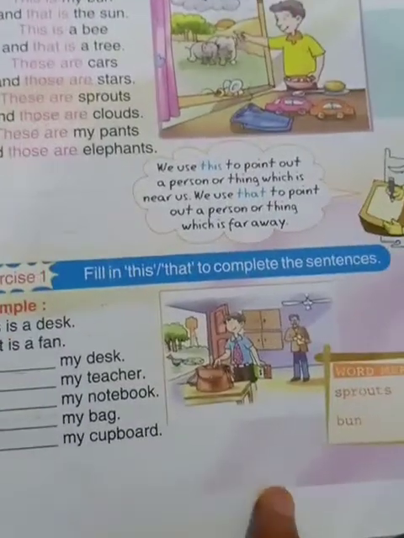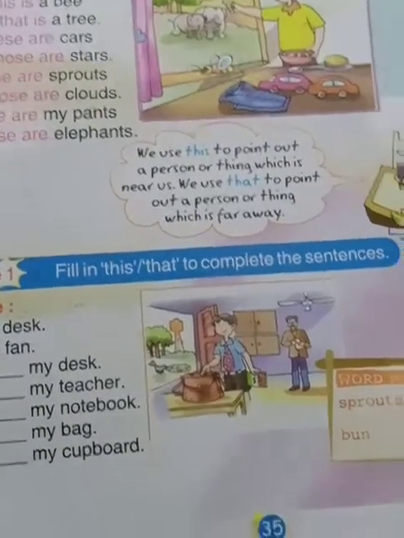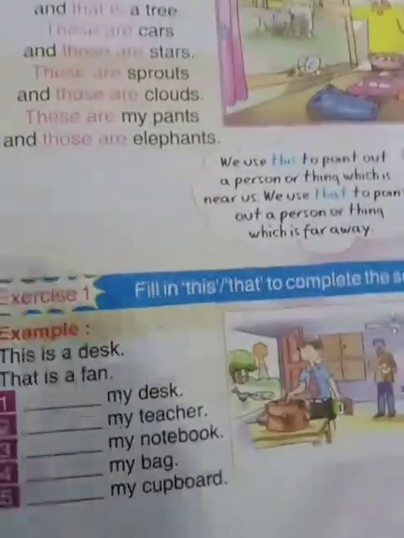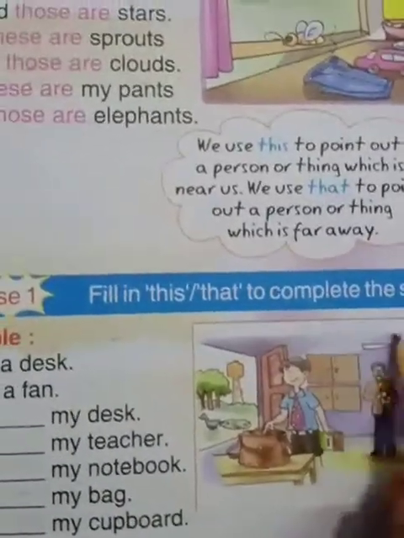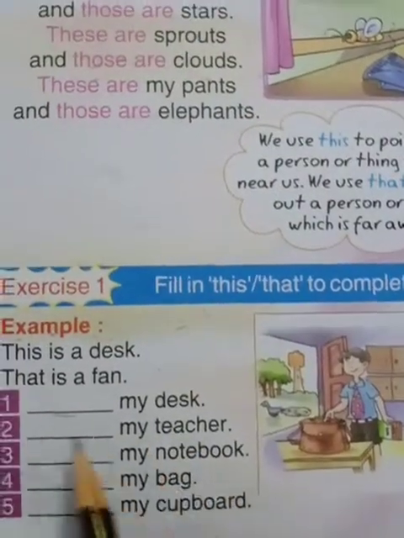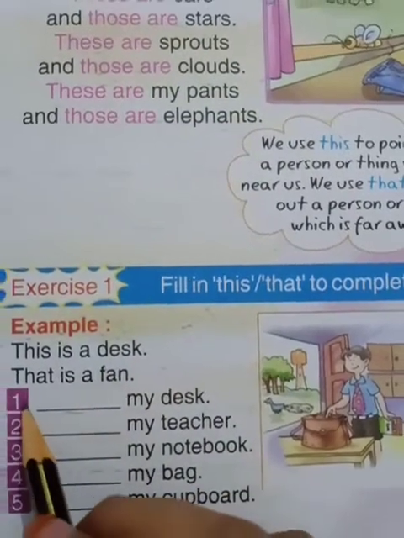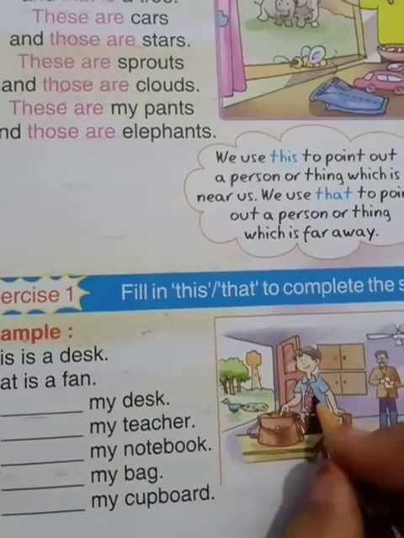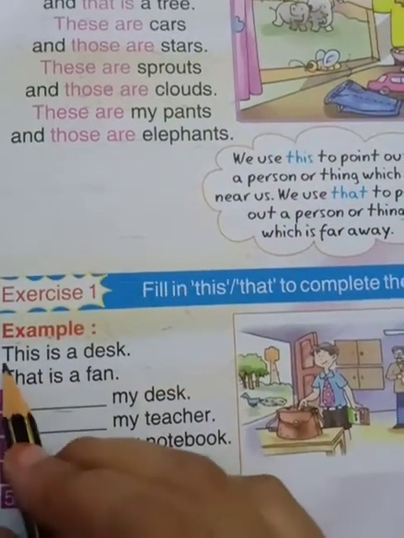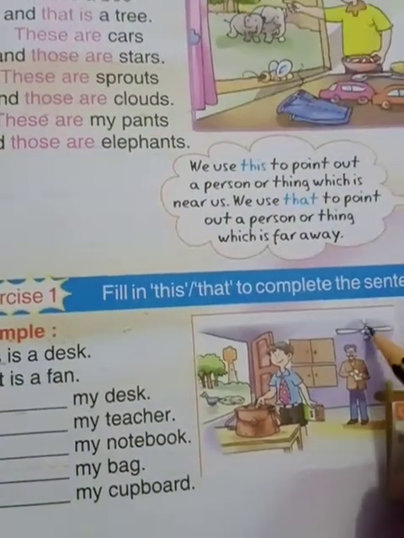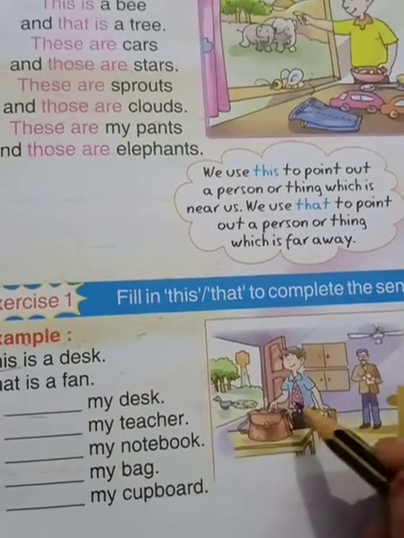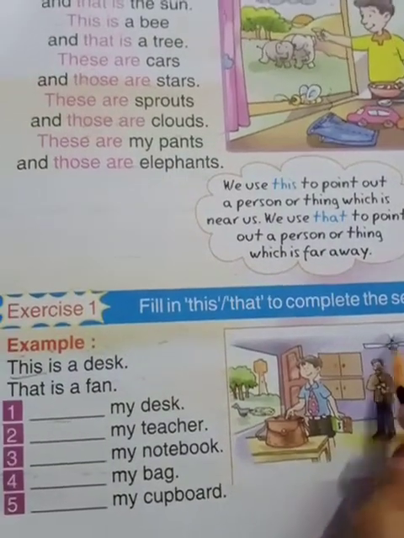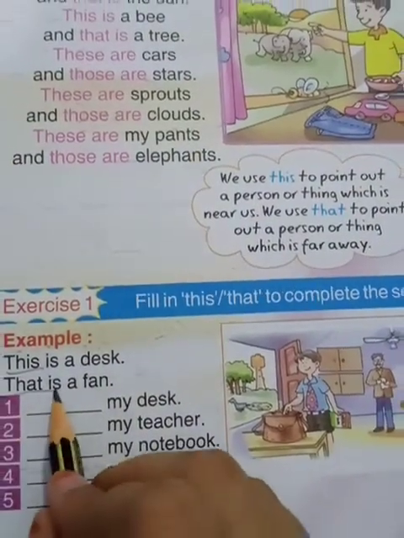Now the next exercise from page number 35 we will do in the book. So look at the picture. This is a desk and that is a fan. Desk is near with the boy, so that's why this is written, and the fan is far away from the boy, so that is written here.